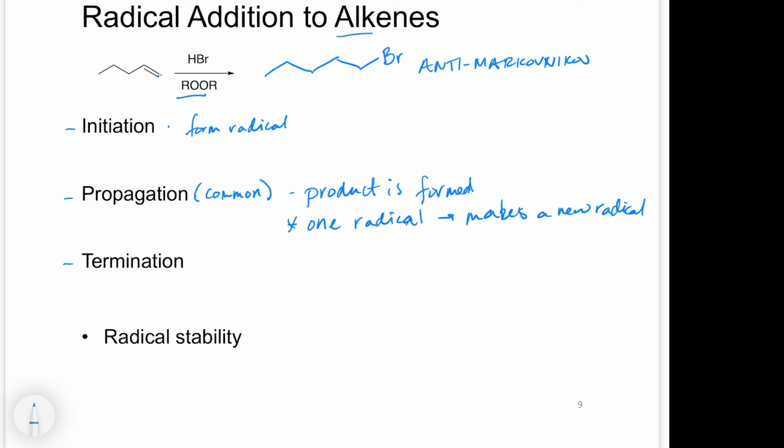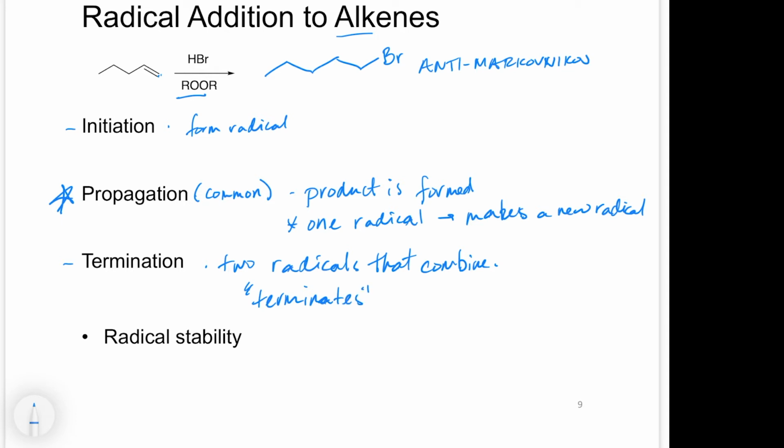So this is not very common in our reaction mechanism. Most of it's happening in the propagation stage. But sometimes you'll have two radicals that combine. So it essentially ends the reaction. So this is why it terminates the reaction. It gets rid of the radicals.